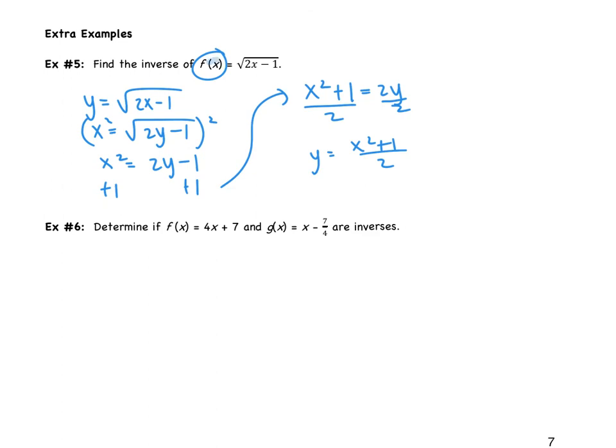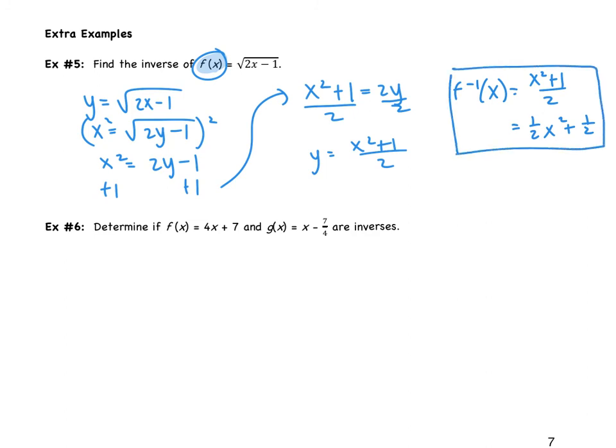We started with function notation. Our answer needs to be in function notation. So our inverse is equal to x squared plus 1 over 2. You could also see that written as 1/2 x squared, add 1/2. Either one is correct, but it is important for us to be able to identify both of those, to know that they're equal.